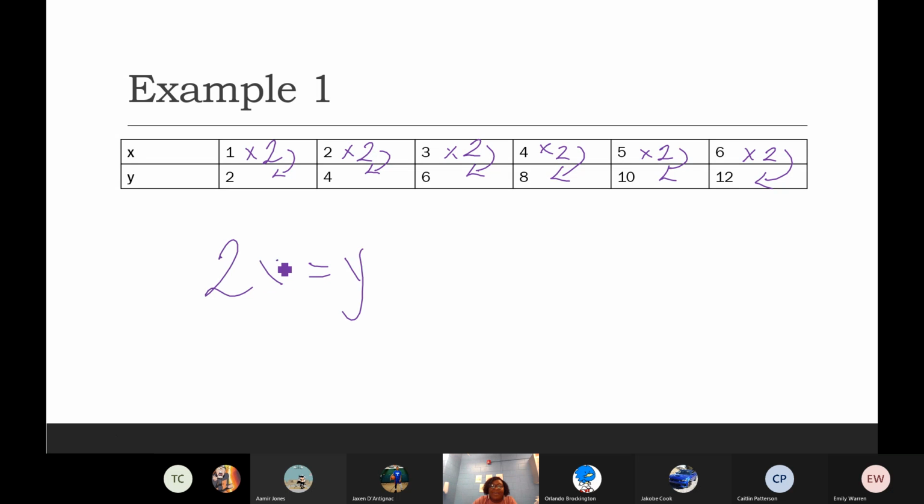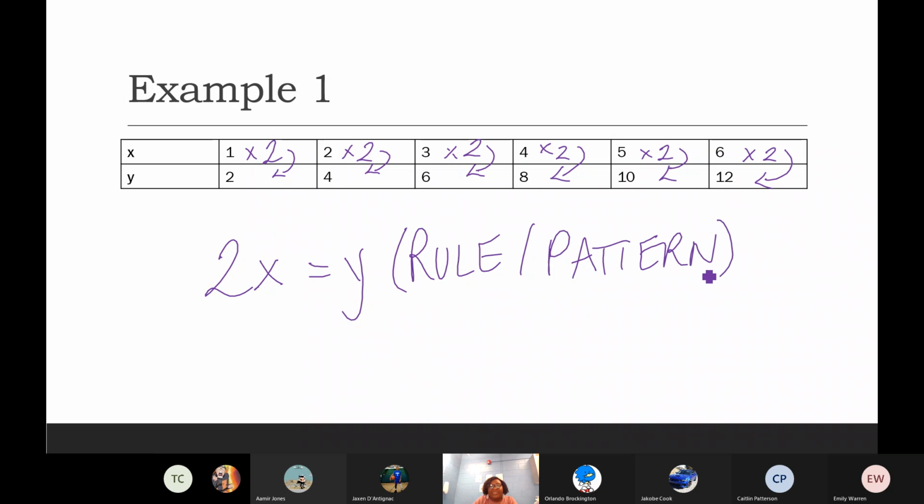So I could write my 2 right beside my x. So what this is telling us is 2 times a number equals y. In this chart, 2 times a number equals y. This is the rule or pattern we're working to follow.